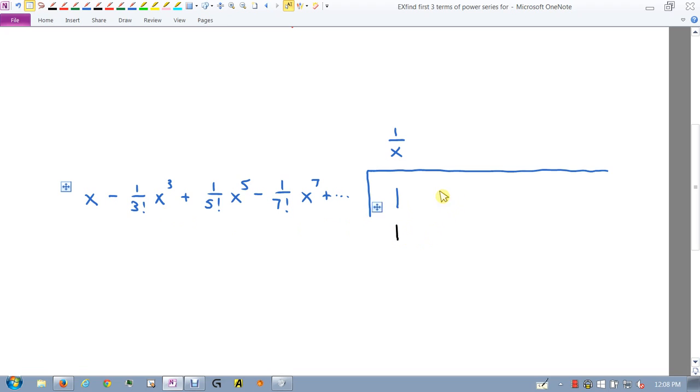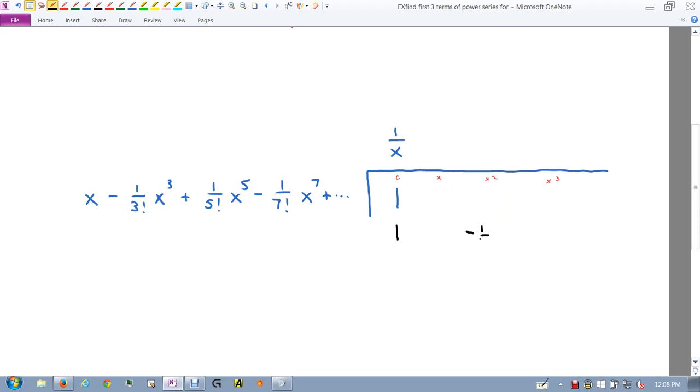Now this is a constant. I'm going to line up a column here for my x's. I'll even put a little thing here. This is my constant column. This is going to be for my x's, then my x squareds, and then my x cubes. So when I multiplied this 1 over x times this, I get negative 1 over 3 factorial x squared. I'm going to put that in my x squared column right here.